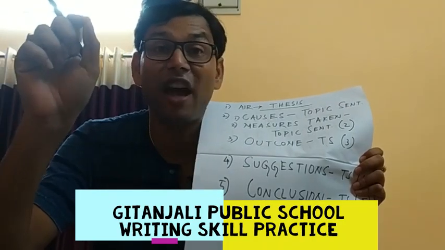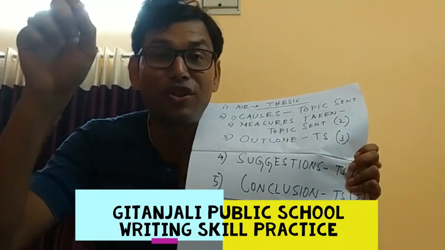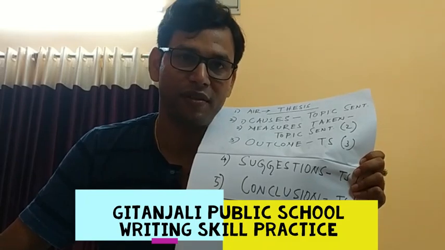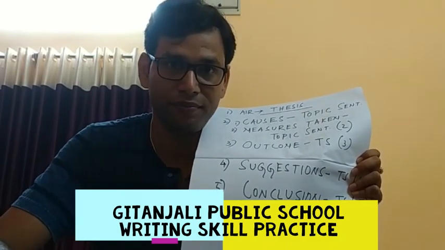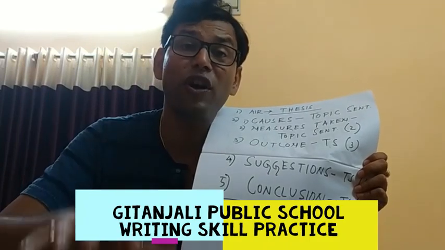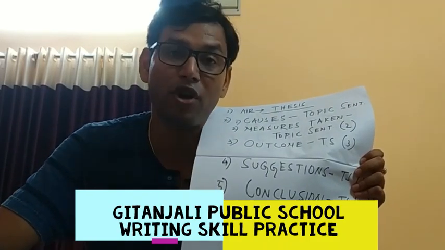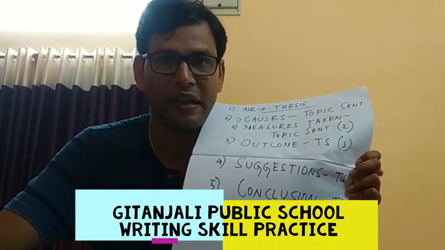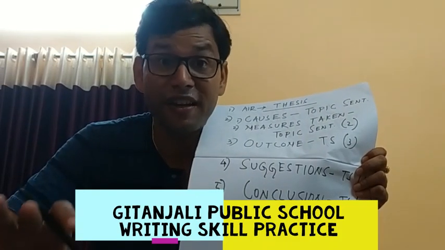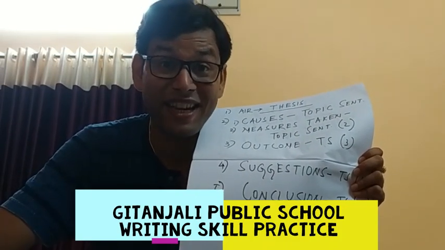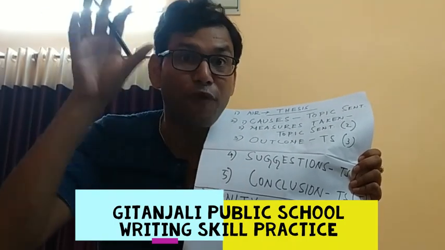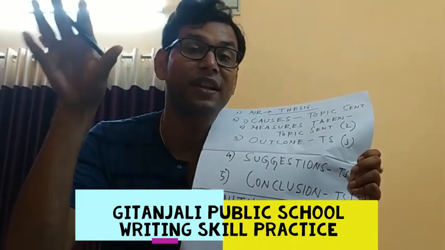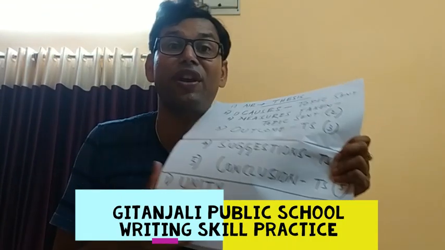You are not getting diverted. You are not digressing to a different topic. When I'm talking about a laptop, I should not focus on an iPhone. When you are focusing on an iPhone, you should not talk about a laptop because it's a different topic. Yes, if a connection comes up, then it's okay, but you have to maintain that balance. So unity talks about uniformity. You are centralized on one particular idea and theme.